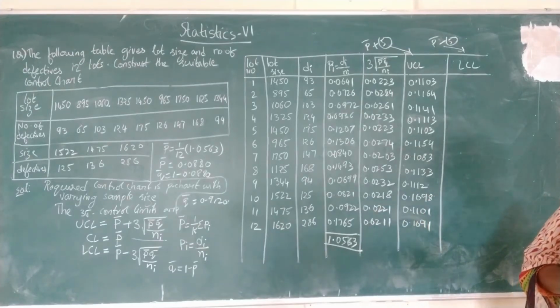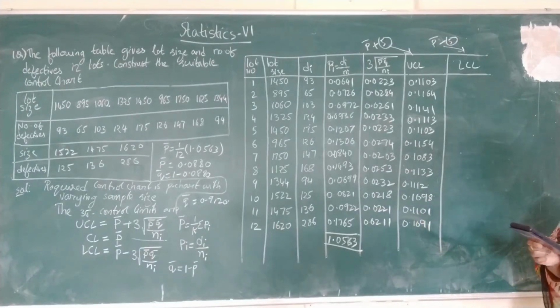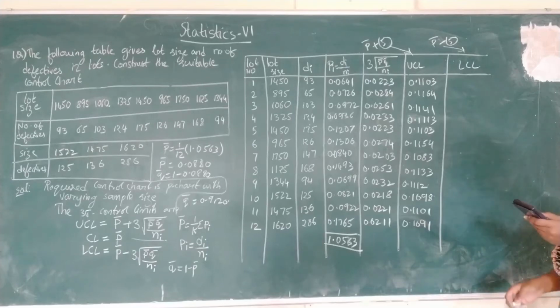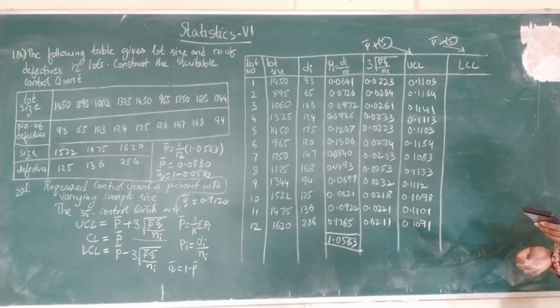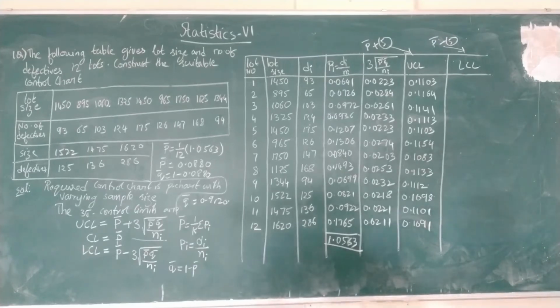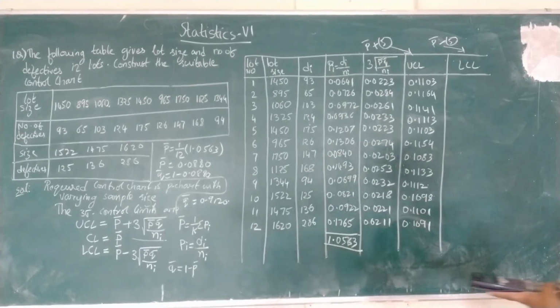Next, find out the required LCL values. While calculating UCLs, if you put minus, it will be easy for you to calculate the LCL values also. So how will you find the LCL value?